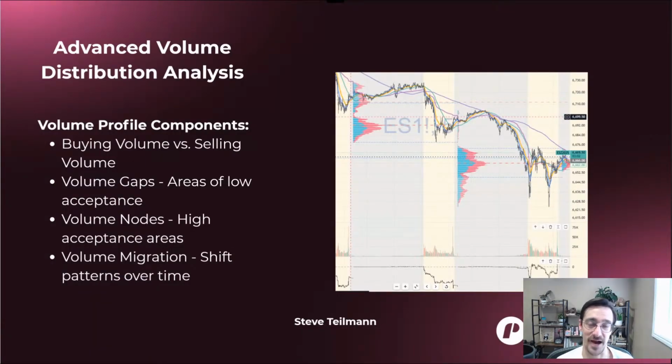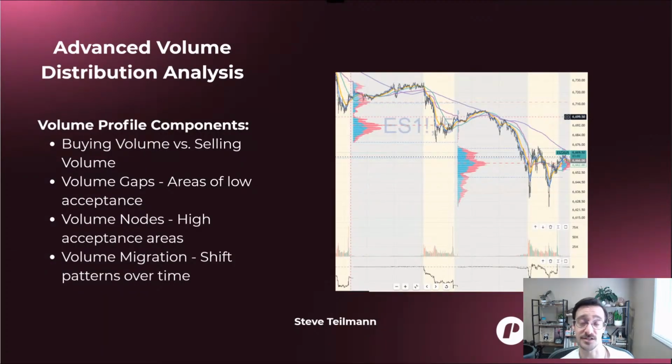It wasn't buyers and sellers equally duking it out like we see when there's a consolidation or a range, a tight range, a chop area going sideways. It's just straight knives down or straight rockets up. And that is an imbalance of buyers to sellers or sellers to buyers. So that's what I mean when I'm saying it's an area of low acceptance.